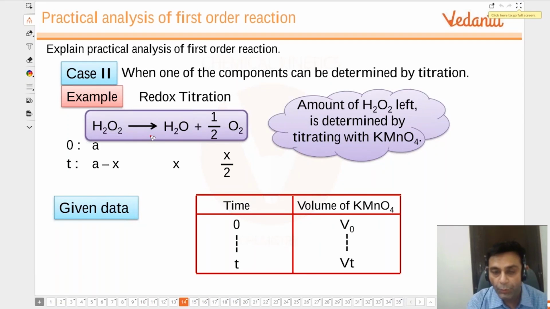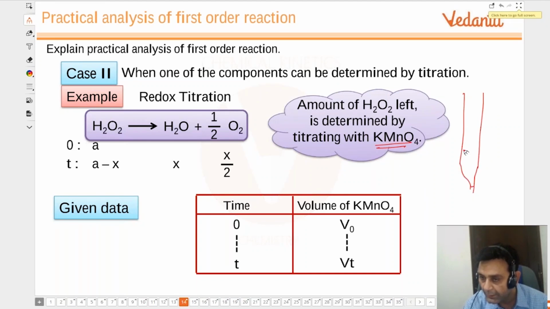So hydrogen peroxide is a reducing agent and it reduces the KMnO4. What we do is we take up the potassium permanganate in the burette, and here we take up the H2O2, right?